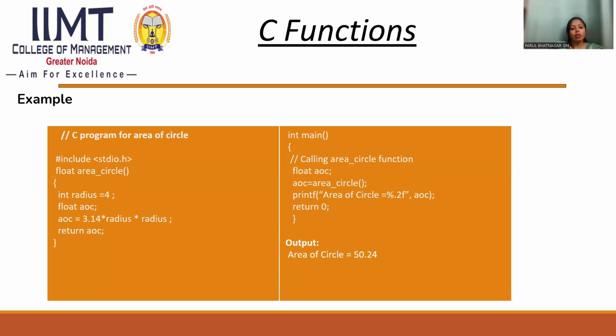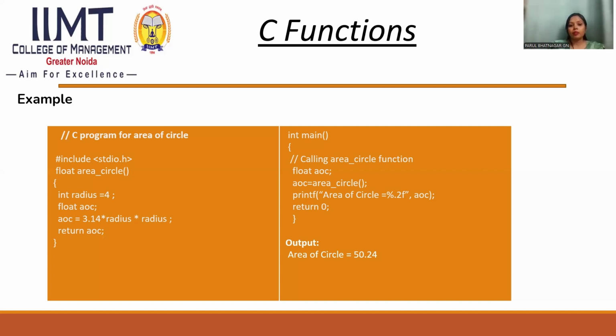Here, we make the area of circle program using a function. This time, this function does not take any parameter, but it returns a value. And the return type of this function is float because this function returns a decimal value. Int radius equal to 4, float AOC. Here we calculate area of circle and the result is in the AOC variable.